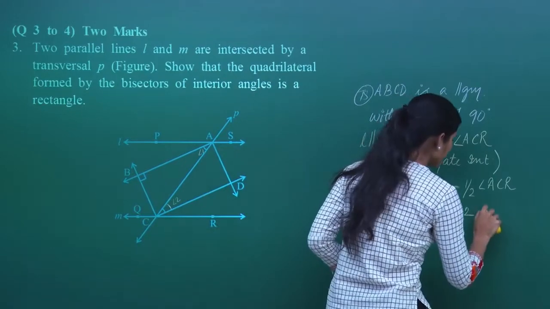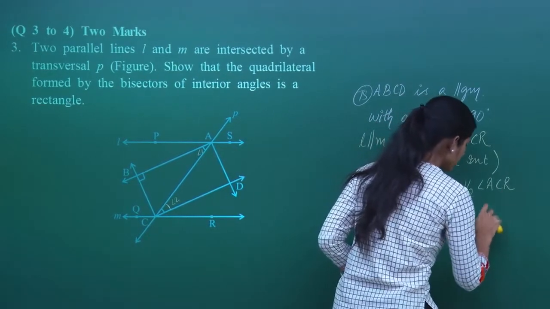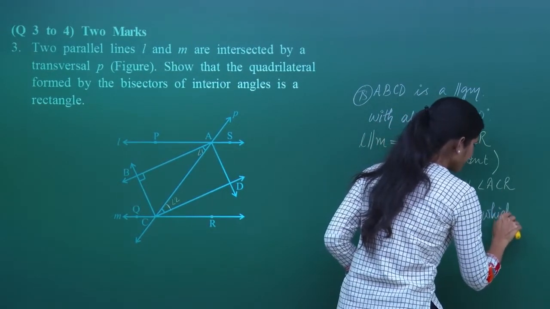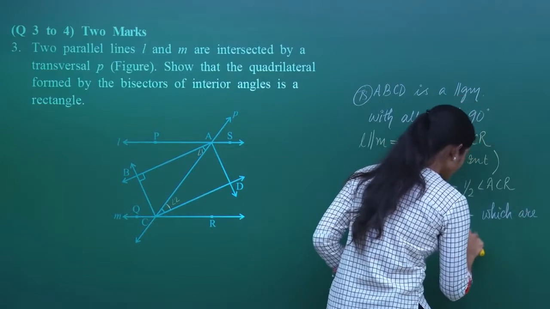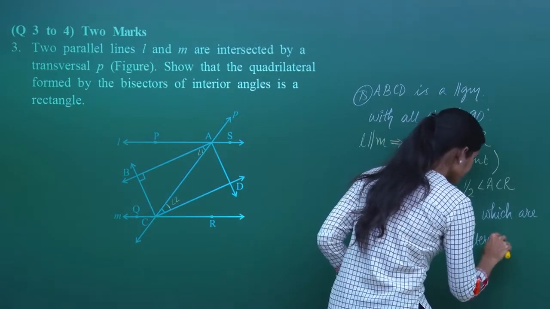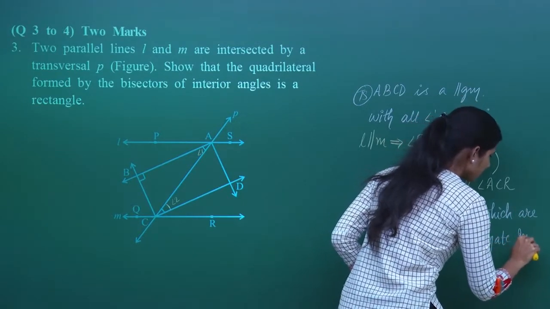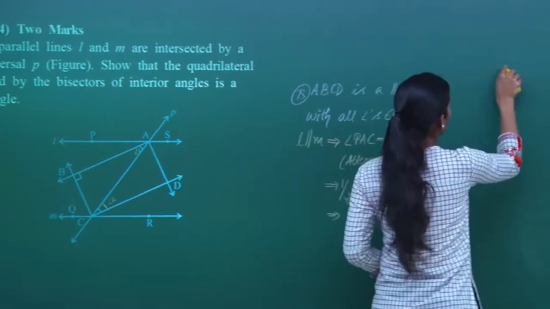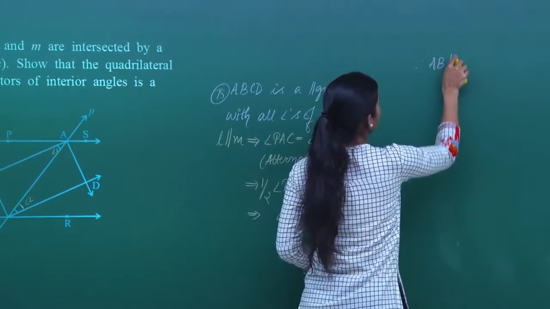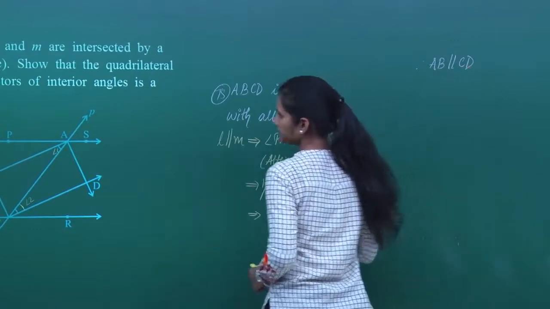Because these two are alternate interior angles, therefore AB is parallel to CD.